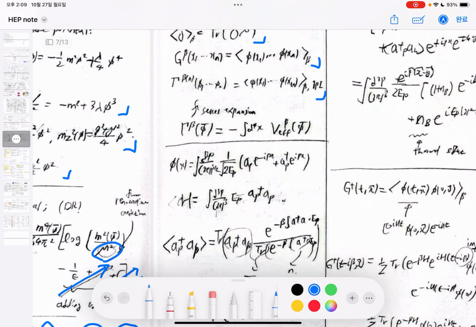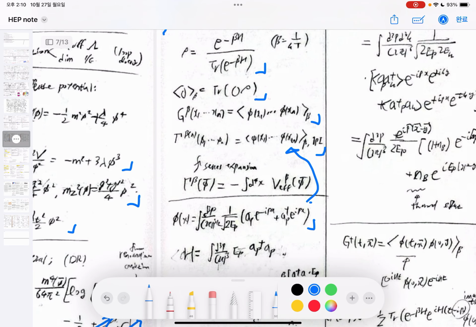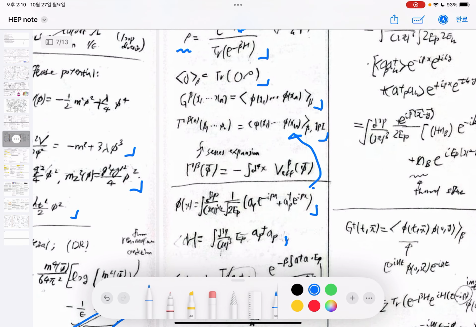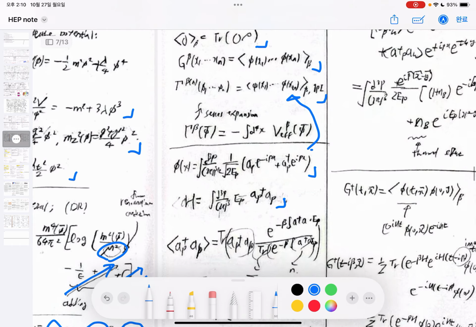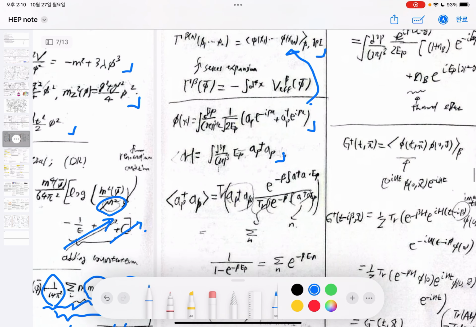For each field, this is given by the field quantization of quantum field theory, and the Hamiltonian inside the probability density is also written with creation and annihilation operators in the field quantization formalism.